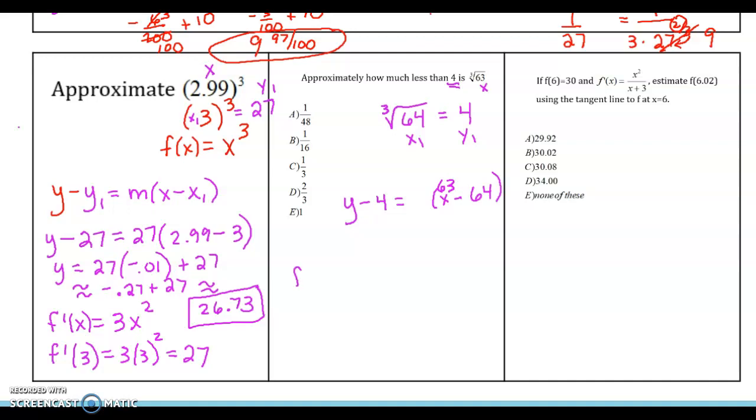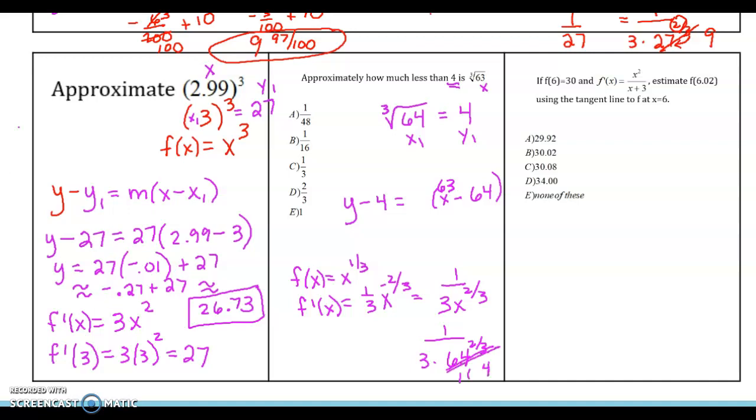Okay, so f of x is equal to the cube root, our derivative. I feel like we did this on number 2. So if I plug in 64, the cube root of 64 is 4. 4 squared is 16.